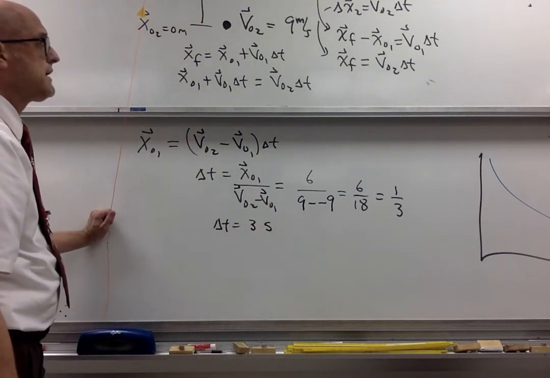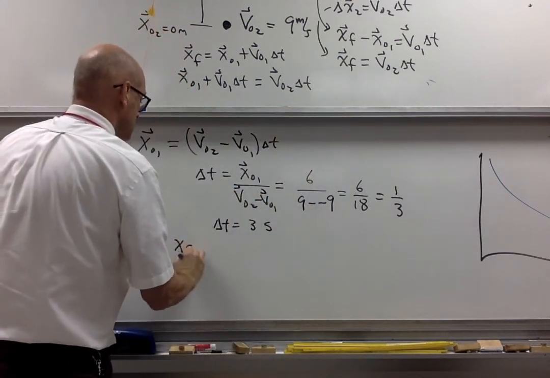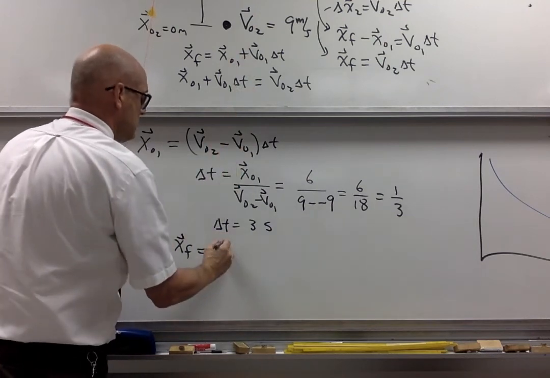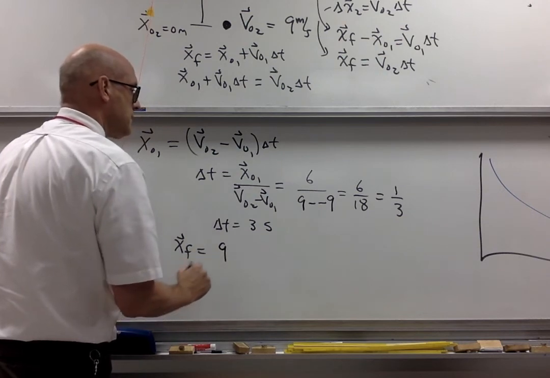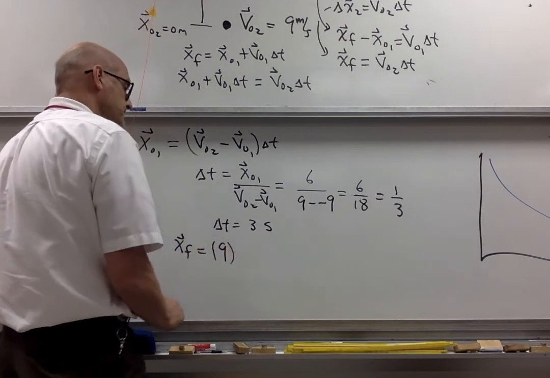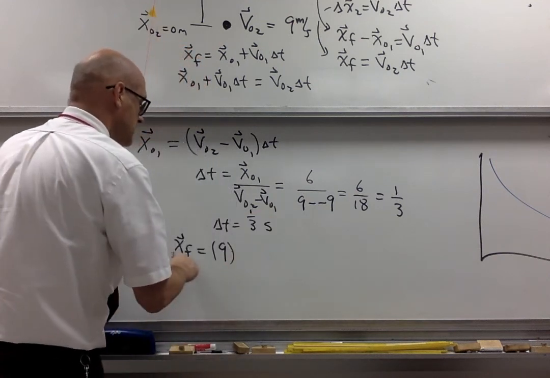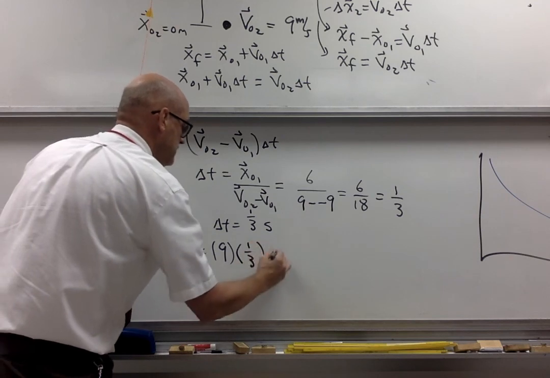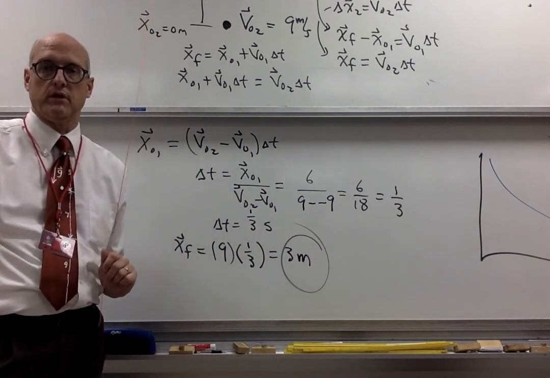Now, if we want to find xf, we just put that into this equation here. So xf then is equal to VO2, which is 9 multiplied by 1/3, so we get 3 meters. Okay, so they meet at the 3 meter mark.